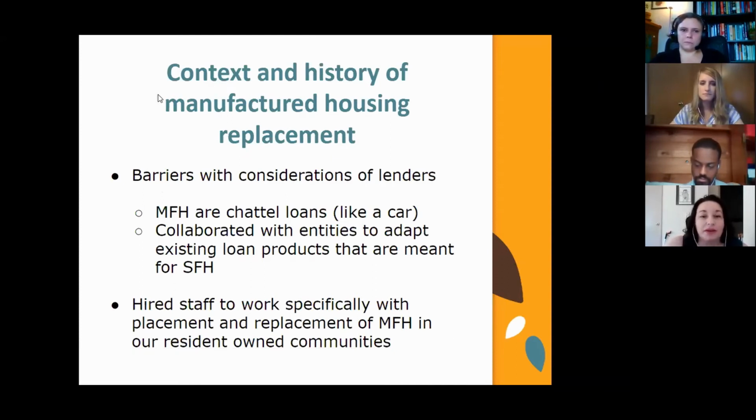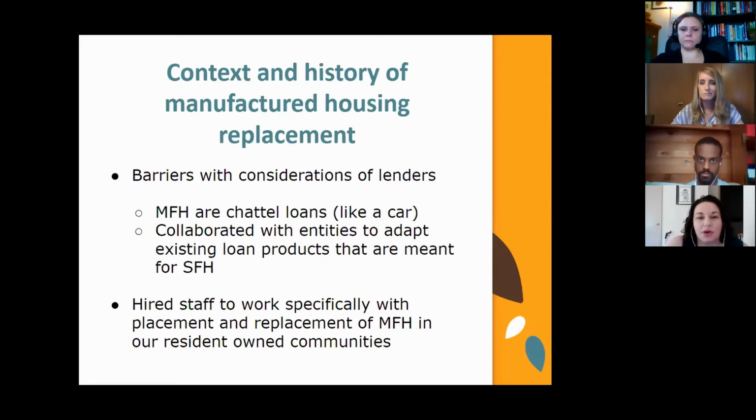There's barriers with considerations of lenders. One thing that folks may not know is that manufactured housing, when it's not on land, is the equivalent of a car loan. And so it can be very hard for people to finance replacing those. And it's often something that if somebody needed to have a roof replaced or something like that, it can be often hard to get a loan to make repairs.